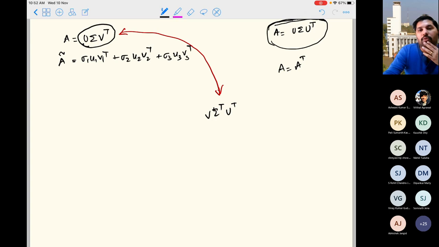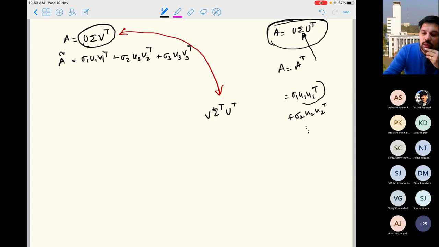Okay, this is the singular value decomposition of A, where this sigma actually is the square root of the eigenvalues. That is something that we have already seen. This is something that has to be understood properly, but if you write down the equations, then you will see that this is going to happen. Now U sigma U transpose you can write as sigma 1 U1 U1 transpose plus sigma 2 U2 U2 transpose, and so on and so forth, right?